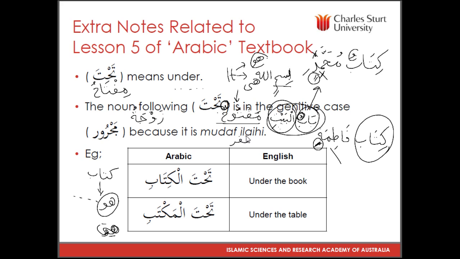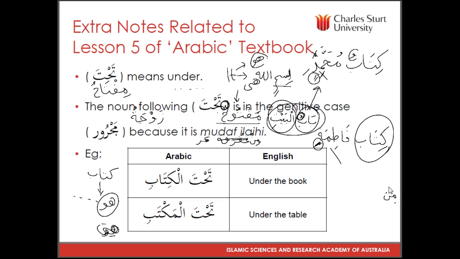Okay. So min is what? Harful jar, preposition. That's why the ending of غرفة is also mudaf and mudir is mudaf ilayh. That's why the ending for mudiri is kasra. Okay?